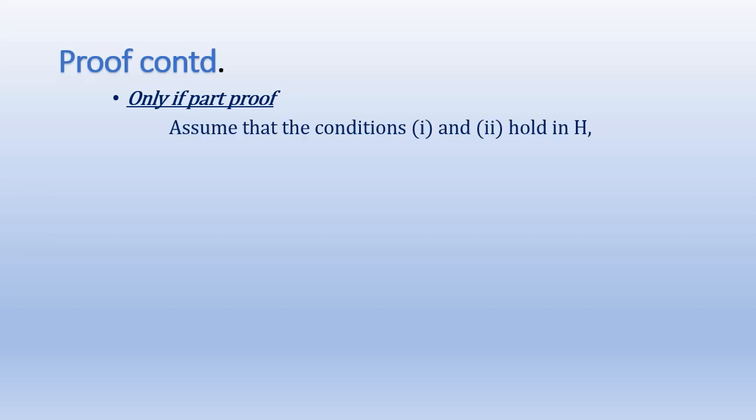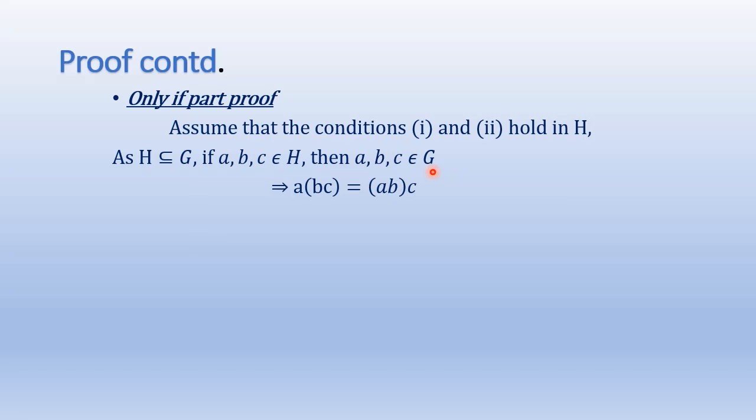The converse part: assume that the given conditions hold in the non-empty subset H, then we have to prove that H is a subgroup of G. As H is contained in G, if you take any three elements A, B and C in H, then obviously A, B, C belong to G. But since G is a group, you have the associative property in G. It is A into BC is equal to AB into C. So the associative property holds in H also.